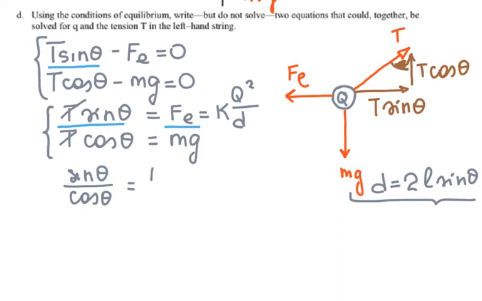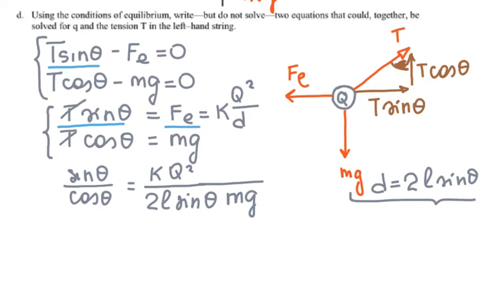So that's Q squared, and instead of the d, I'm going to write 2L sine theta. And still on the bottom, I have mg.